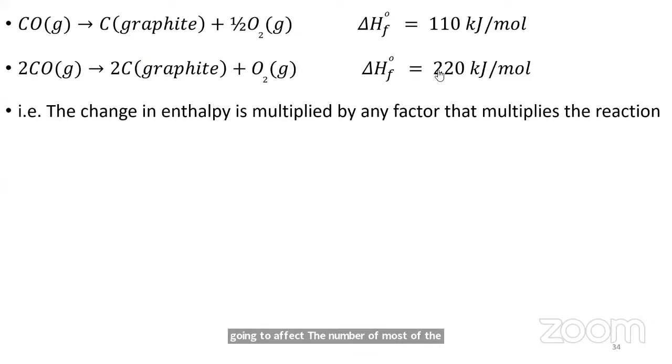So here you see that you're now having 220. So here you have just 1 mole of your carbon, giving you 1 mole of your graphite, and there you have 1 mole of your oxygen. So the standard enthalpy of formation here is 110. When you now have 2 moles of your CO, your carbon monoxide, you see that the standard enthalpy of formation has also increased.